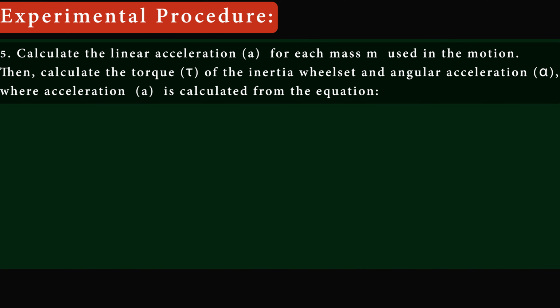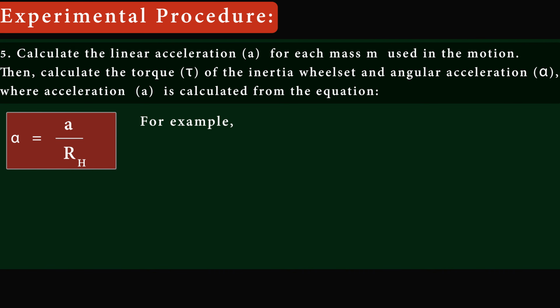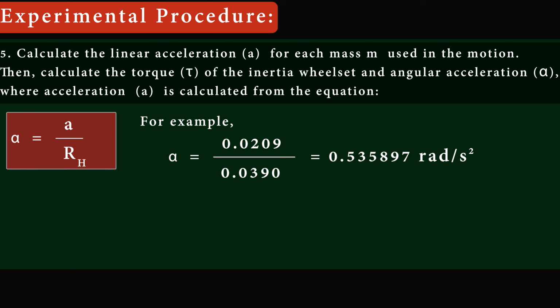The angular acceleration, alpha, is calculated from the equation alpha equals linear acceleration, a, divided by the radius of the shaft, rh. Therefore, the results are determined according to significant figures multiplication and division rules. The answer must be rounded to the least number of significant figures in the given data.